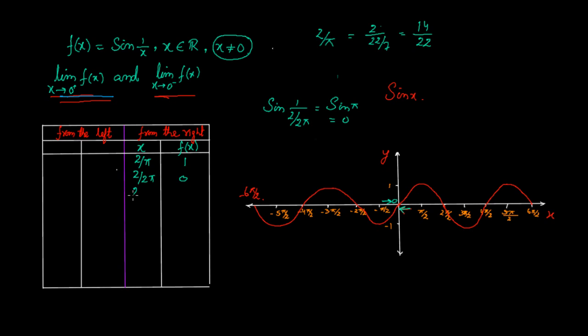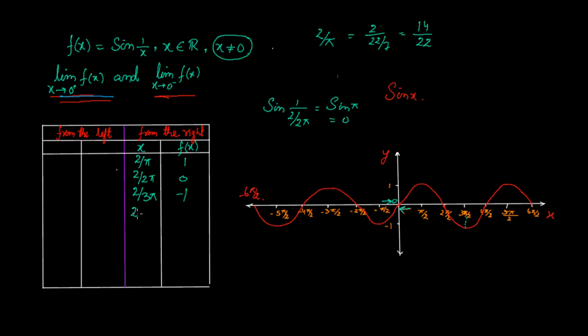Similarly, we can take 2 by 3 pi, and the value of f at this point will be equal to minus 1, because we see that sine of 3 pi by 2 is minus 1, and sine of 1 upon 2 by 3 pi is same as sine of 3 pi by 2, which is minus 1.